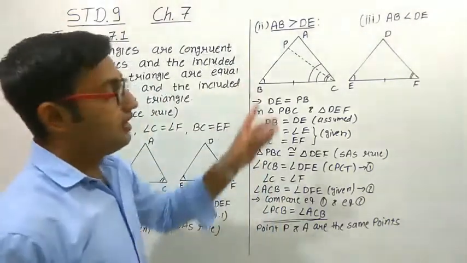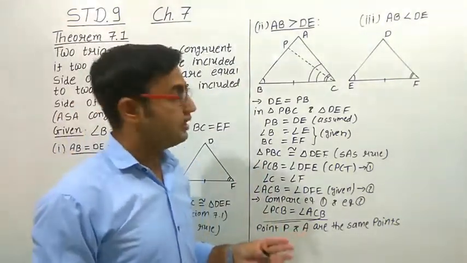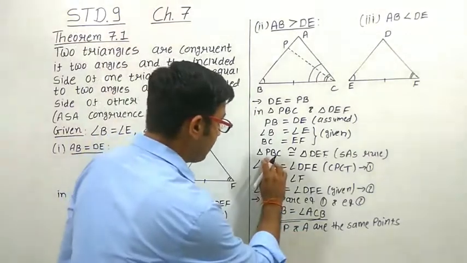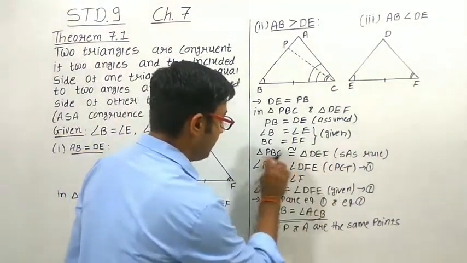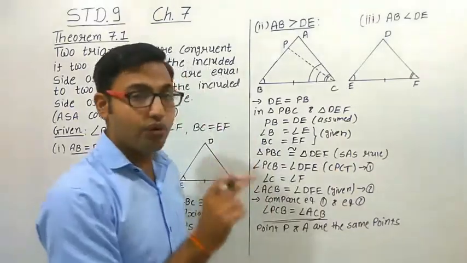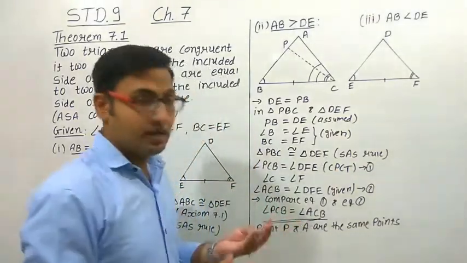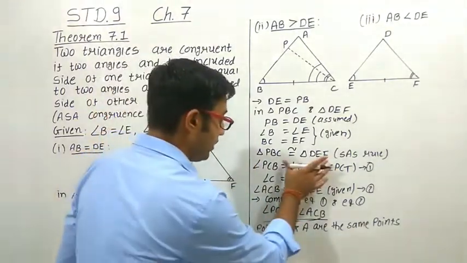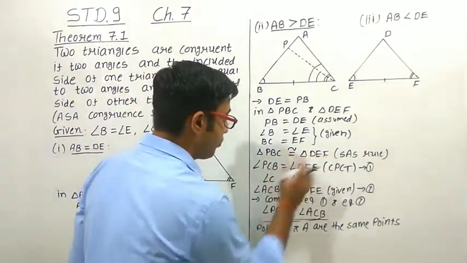So if P and A become the same point, then instead of triangle PBC congruent to DEF, instead of P, now we can write A, because P and A are the same point. We have already proved that PBC is congruent to DEF.